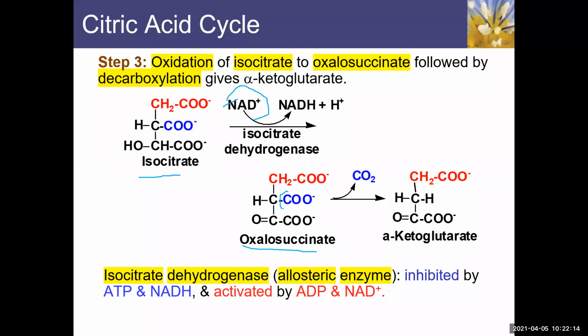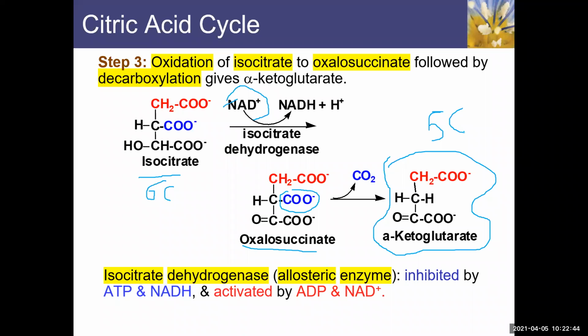Then this carbon dioxide will be removed from here. So it's a decarboxylation reaction. And then at the end, what do we get? We get the alpha ketoglutarate. So how many carbons do we have in the alpha ketoglutarate? We started with 6 carbons, and this point is very important. How many carbons do we have? Only 5 carbons here.